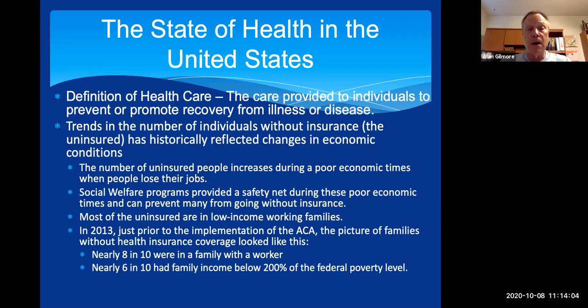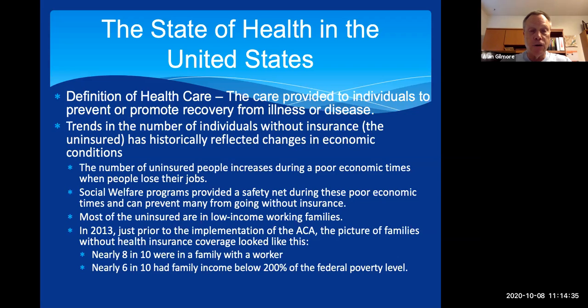The number of uninsured people increases during poor economic times when people lose their jobs. And as we're going to learn as we get further into the modular, many people's health insurance or access to health care has a direct relationship to their job. Social welfare programs provide a safety net during these poor economic times and can prevent many from going without insurance.